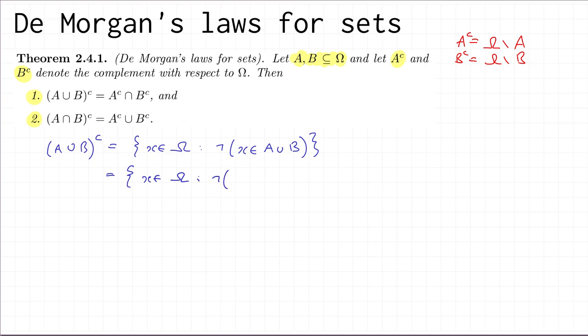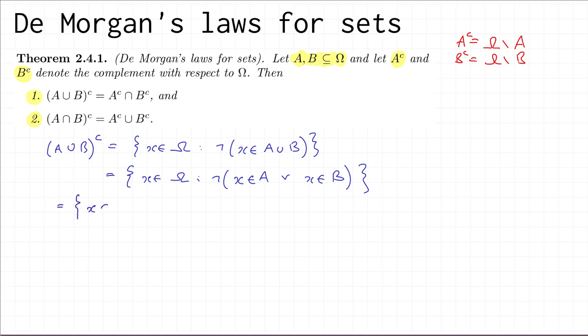Something is an element of A union B if it's an element of A or it's an element of B. So we can rewrite this as not (x in A or x in B). And now we have a logical formula. We have the negation of an or statement. So we can now use De Morgan's laws from logic.